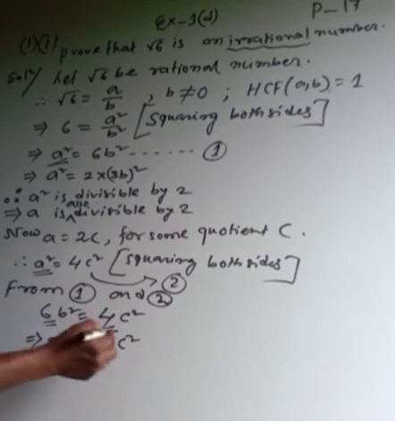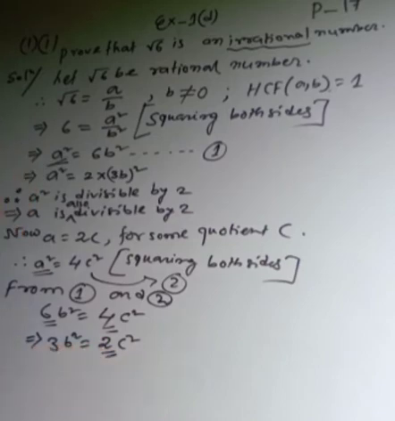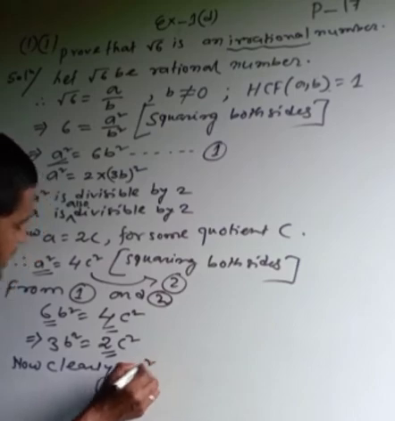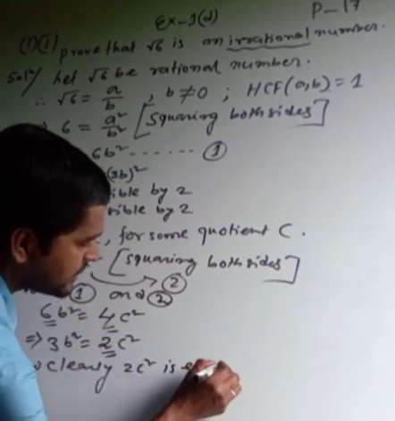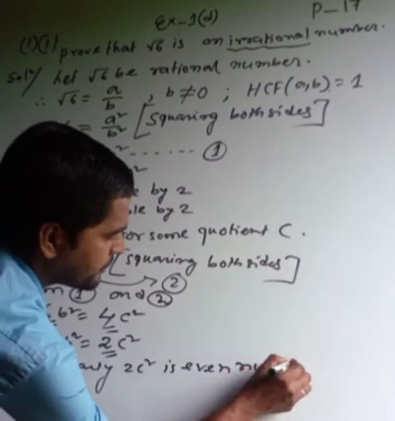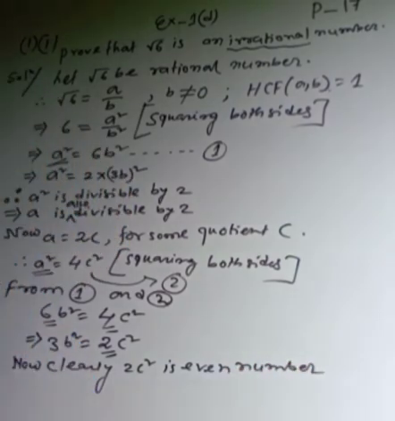So from there what can we see? This 2 is even. So we can write clearly 2c square is an even number. Why is it an even number? Because 2 is an even number.